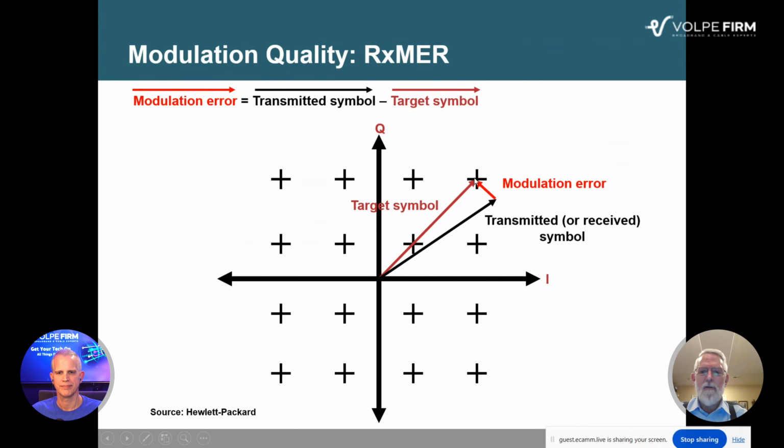The modulation error simply equals the transmitted or received symbol, the black one, minus the target symbol, the darker red one. It's basically the delta from where we wanted to be to where we actually ended up. There's also a phase angle difference, which comes into play elsewhere.